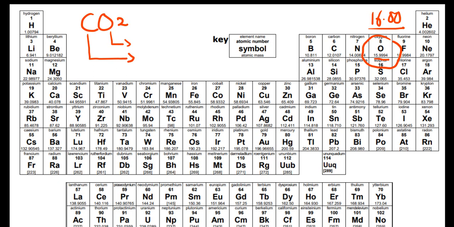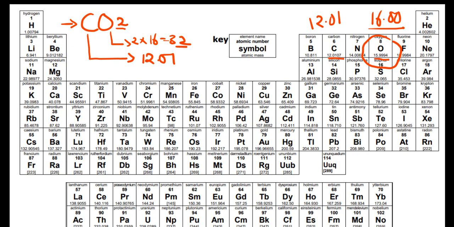So it means we'll be using this as the atomic mass for oxygen. And then when we look at carbon here, the atomic mass is 12.0107. Let's round off to 2 decimal places. This should just be 12.01. Now, finding the molecular mass for carbon dioxide, carbon has the mass of 12.01, and oxygen has the mass of 16, but we have this 2 multiplying the oxygen, so we say 2 multiplied by 16, which gives us 32.